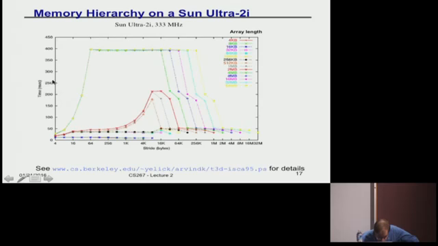And the time is on the vertical axis, and it goes all the way from 396 down to 6. So there's a factor of 66 difference between having L1 and going to memory. So a factor of 66 is something that we want to capture, before we worry about parallelism. And then the strides start at 4, 8, 16, 64, and so forth.